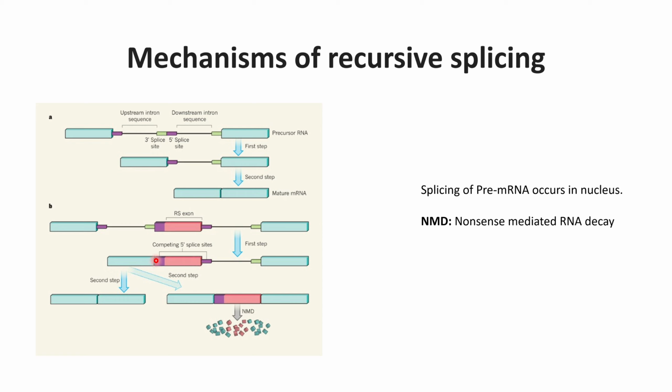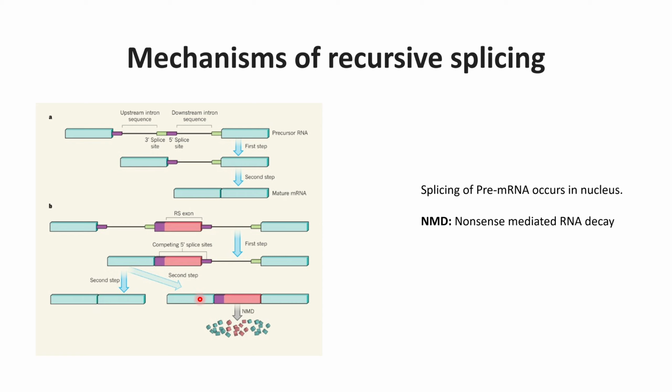One is this and another one is this. In this case, both of these 5 prime splice sites will compete with each other to remove the downstream intron sequence. If this 5 prime splice site wins, then this whole part is removed and the sequence becomes like this.